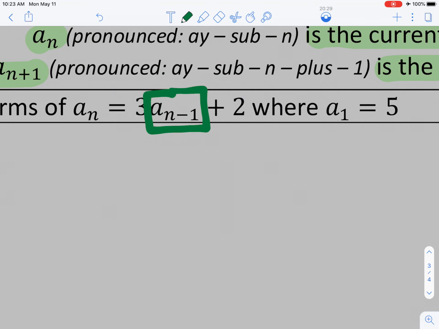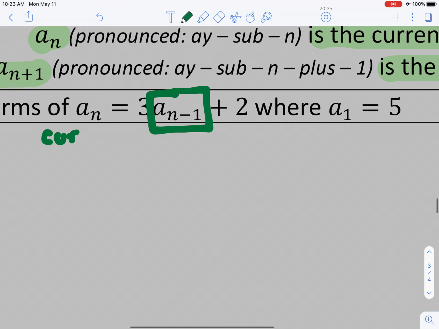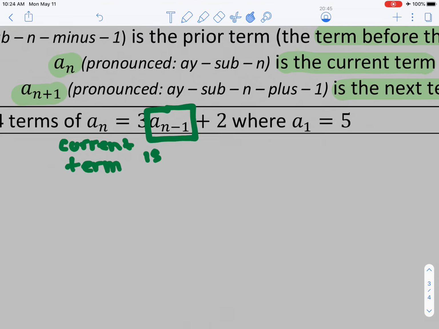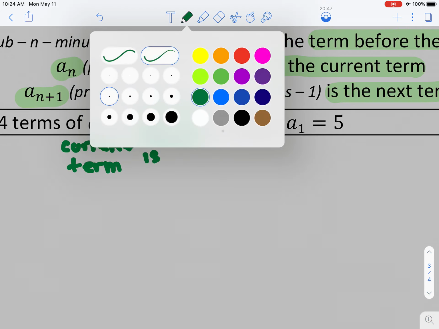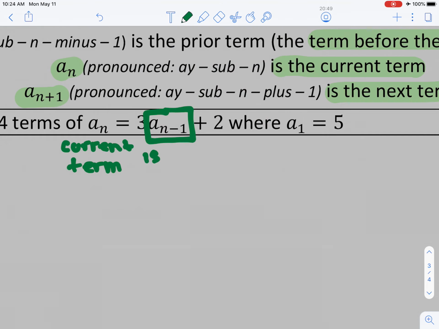So what this means is, your current term, that's what our equal sign represents, is equal to 3 times our previous term, and then plus 2.